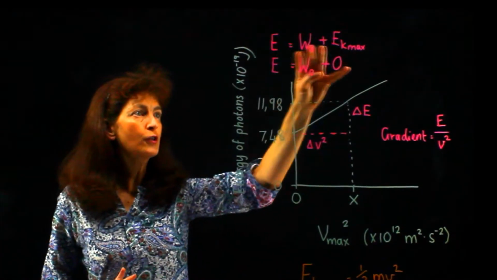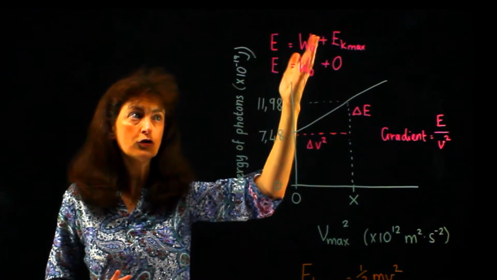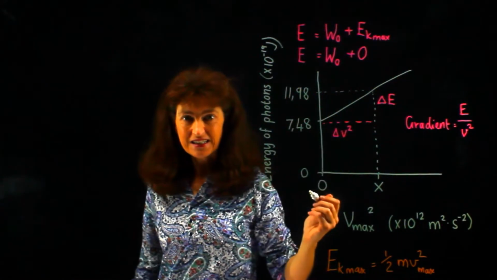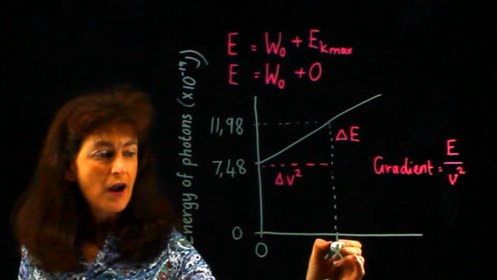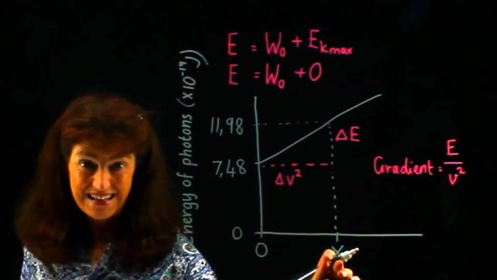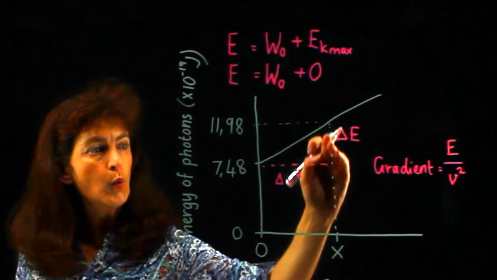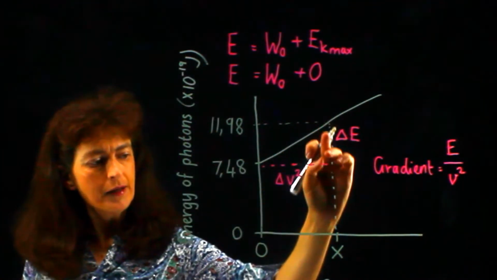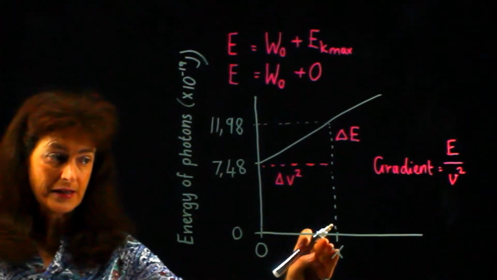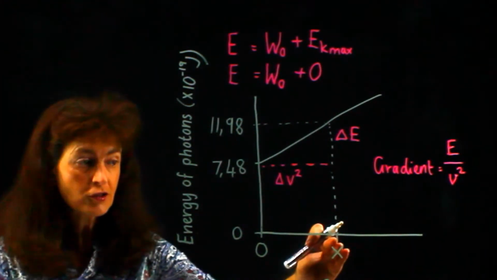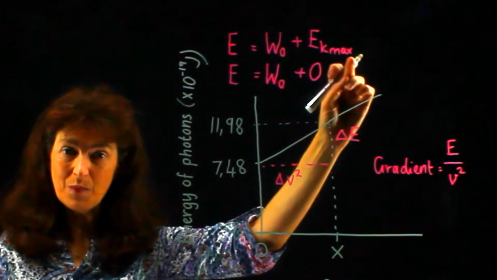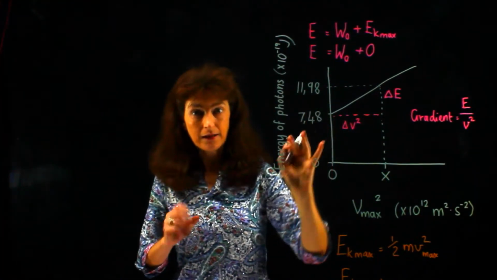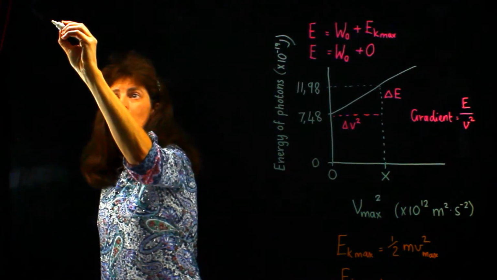Now we're asked to calculate what x is. I'm going to make use of this equation and substitute values that we know from the graph. Remember, we're trying to find out what x is, what v squared is, when the energy of the photons is this value. We're first going to find out what EK max is, but can you see that that is related? So we use this equation.